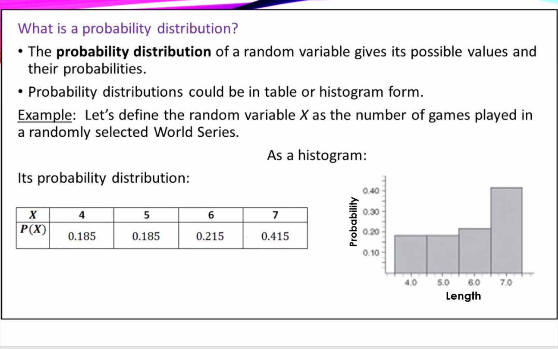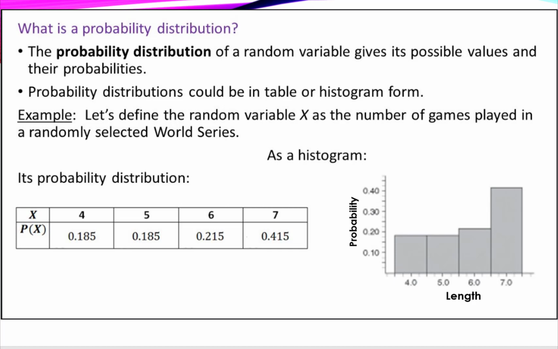Here's an example of a probability distribution. The probability distribution of a random variable gives its possible values and their probabilities. This is defined as the number of games played in a randomly selected World Series.